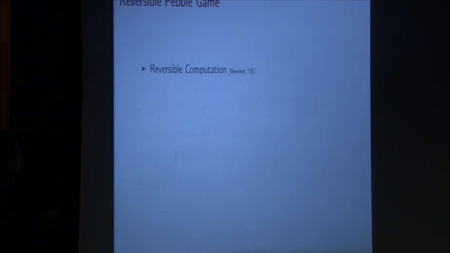The reversible Pebble game was motivated by the study of reversible computation. The reason to study reversible computation is that it is a theoretical possibility to reduce energy dissipation in computation.